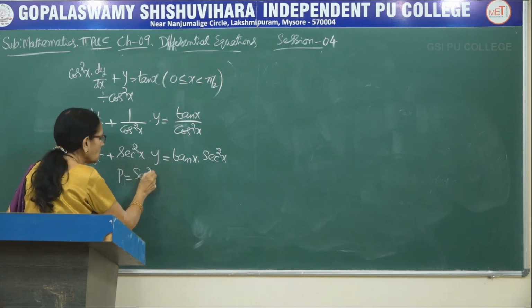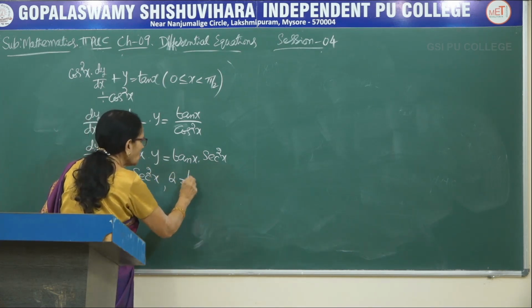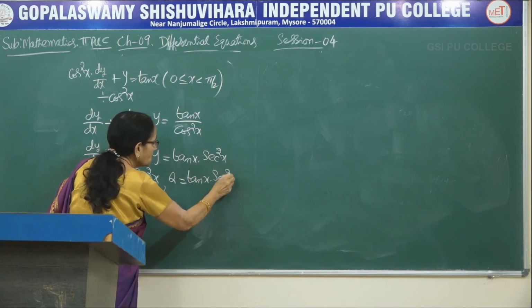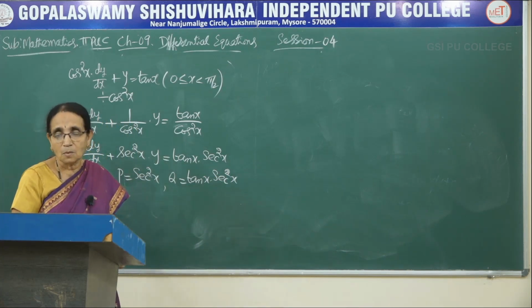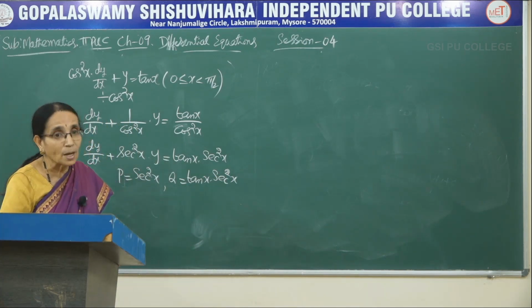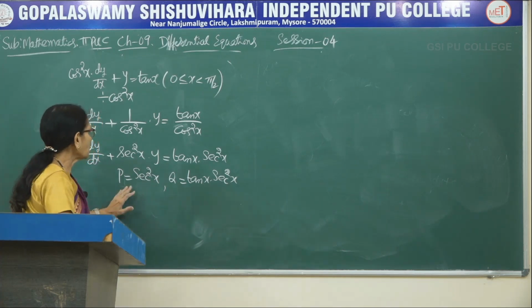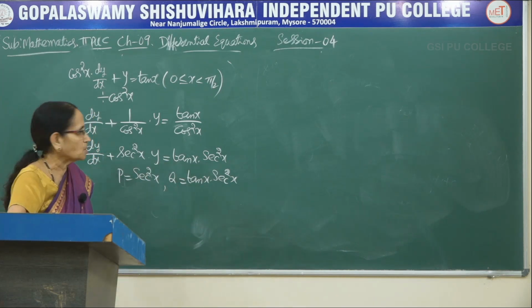P is equal to secant square x here, and Q is equal to tan x into secant square x. See here, the calculation would be more, because the value of Q is not only one function, it is a product of two functions here. Now, P is secant square x, Q is tan x into secant square x.